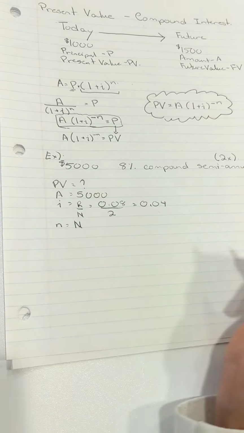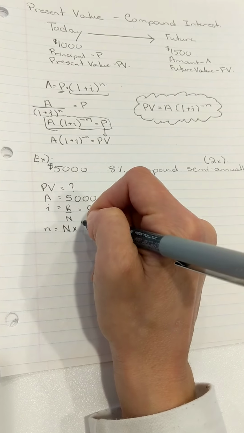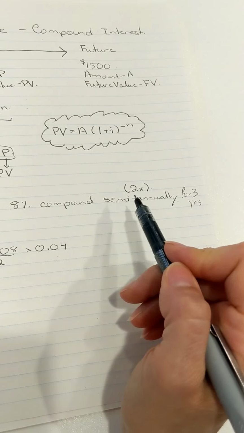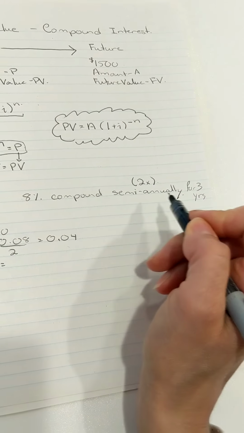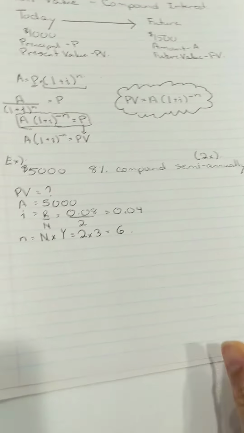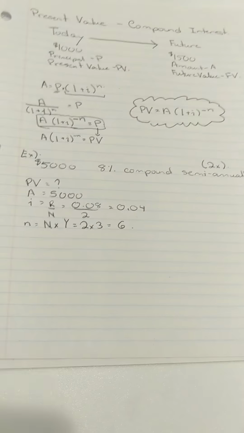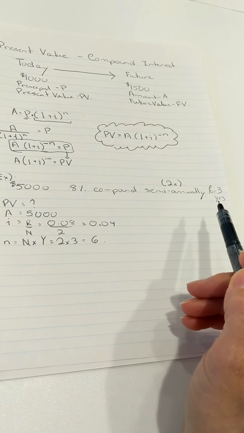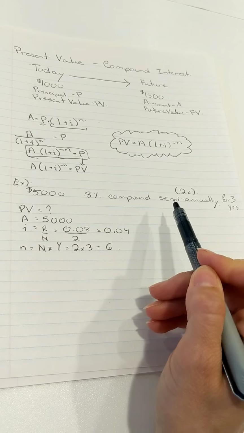So this will be the number of compounds per year times the number of years. If you're going to invest your money twice a year for 3 years, 2 times 3 is 6.